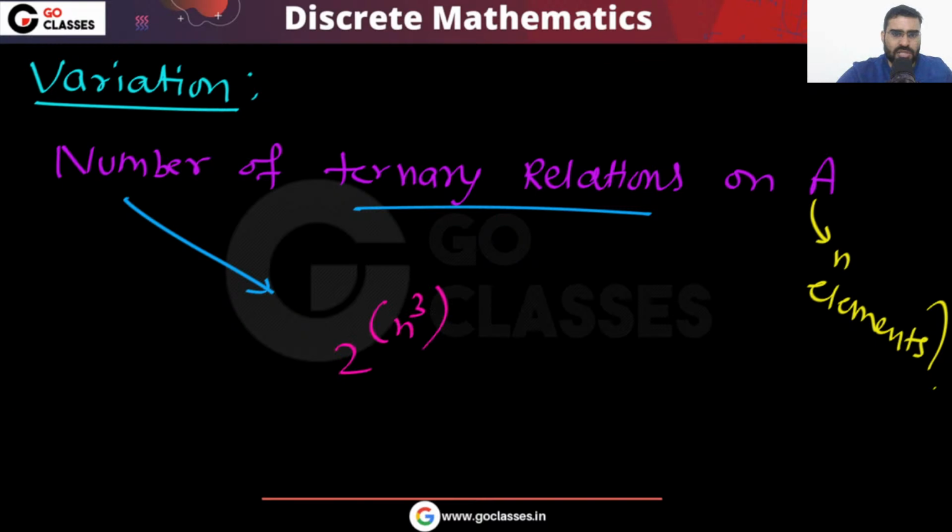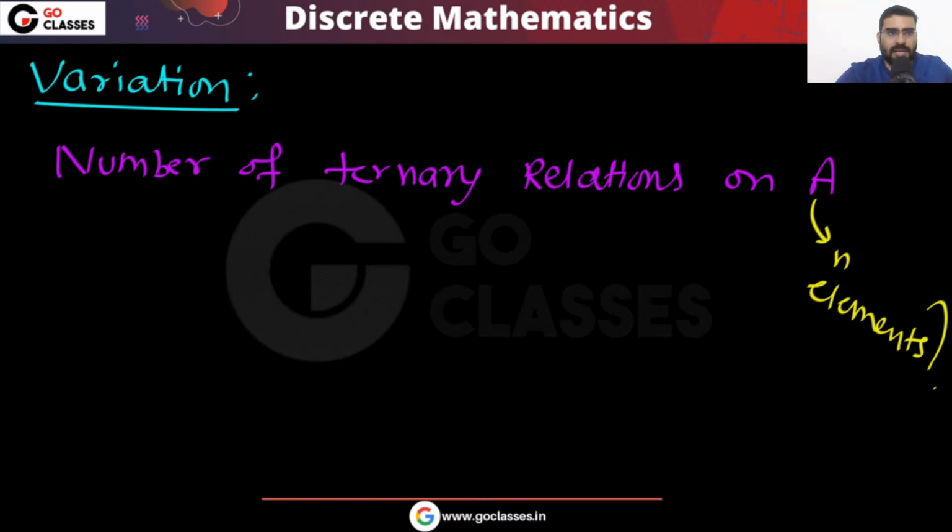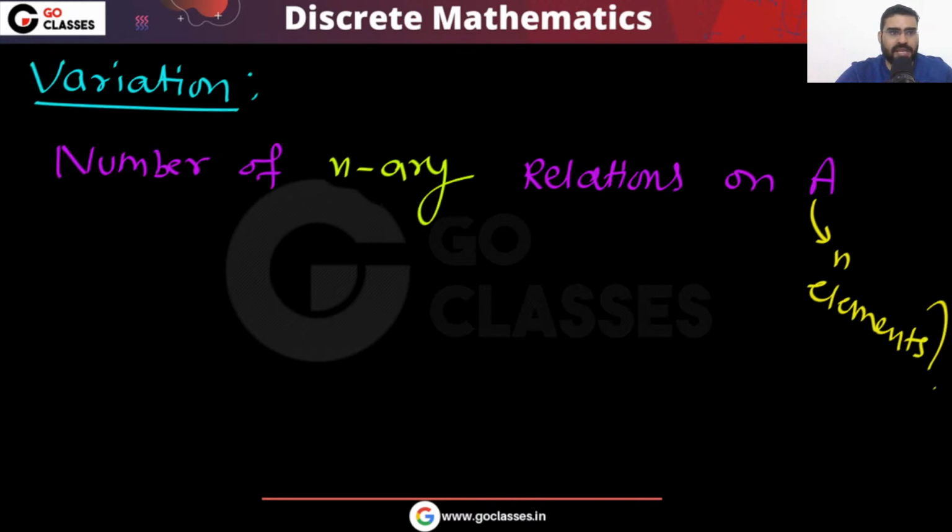Can you generalize this? Instead of ternary, the question may ask you about an M-ary relation. This is the generalization, right? Yes or no? Correct. So they can ask you this variation: how many M-ary relations are there?